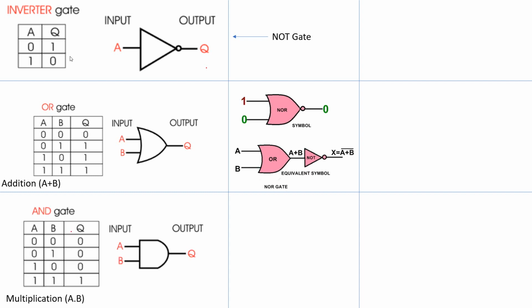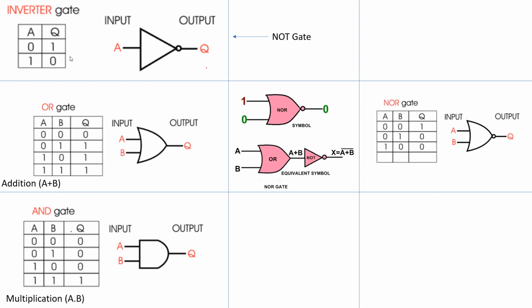Now let's see the NOR gate, which is quite the opposite of the OR gate. Basically you can say the output of an OR gate is connected to a NOT gate. This is how the NOR gate comes. So it will have the entirely opposite output of an OR gate. First add 0 and 0, you will get a 0, and reverse it, you will get a 1.